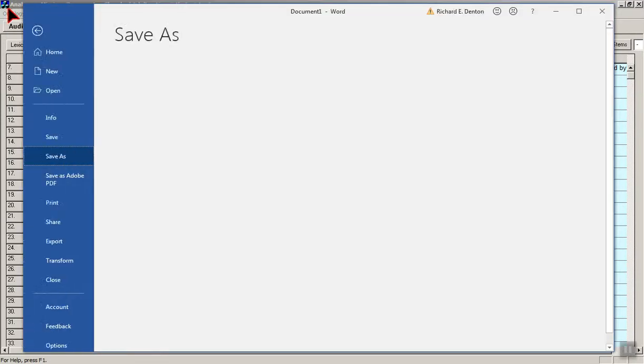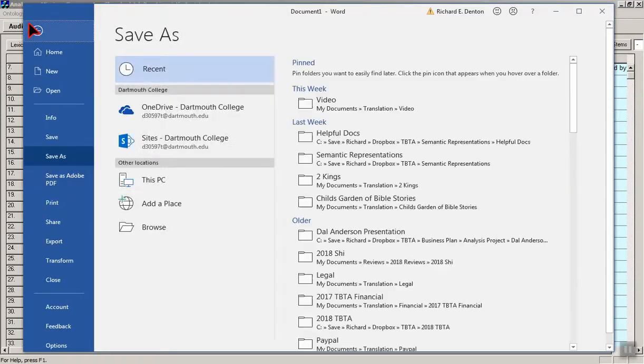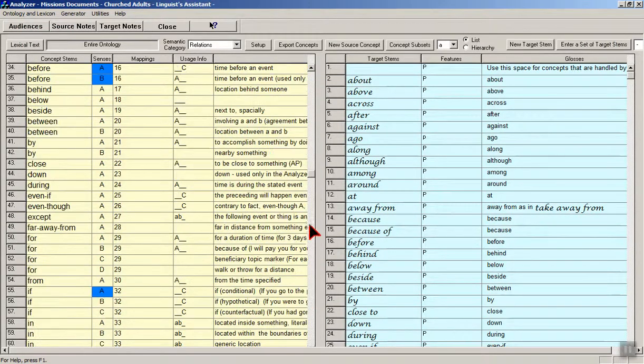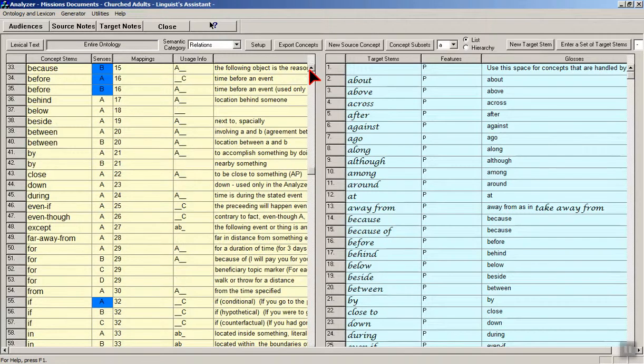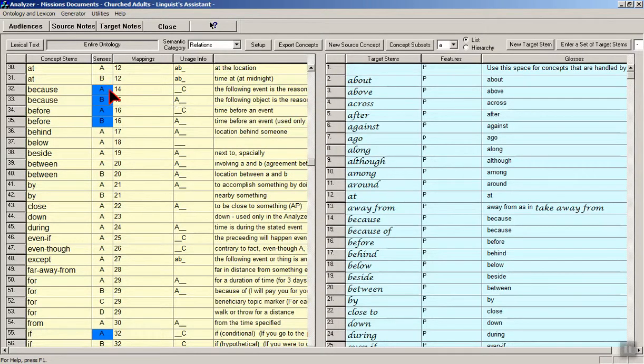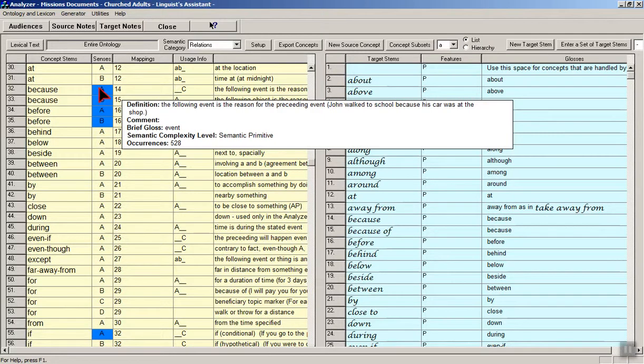Okay, so this is the A sense. The following event is the reason for the preceding event.